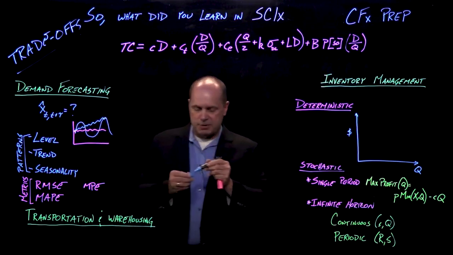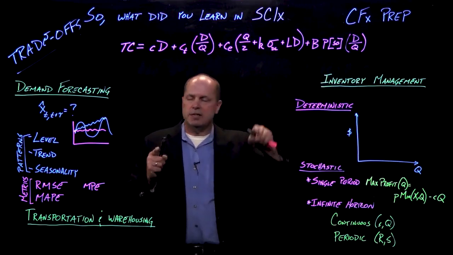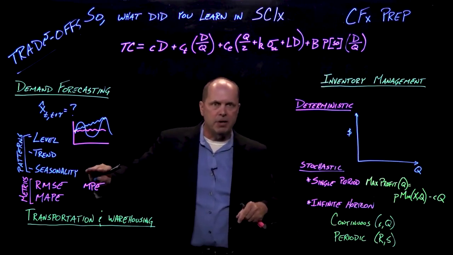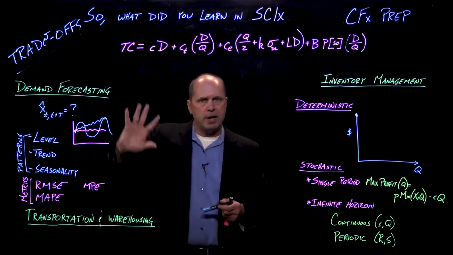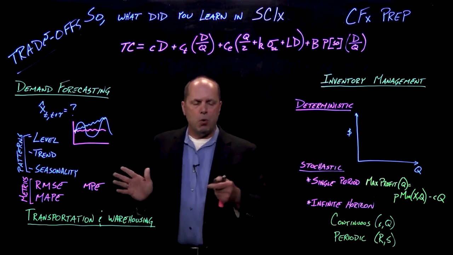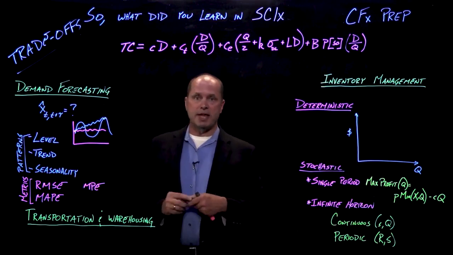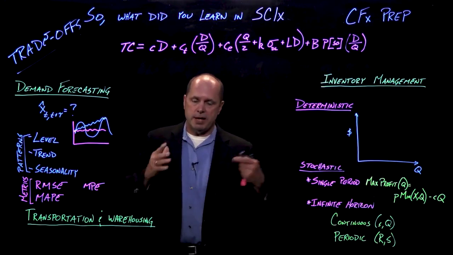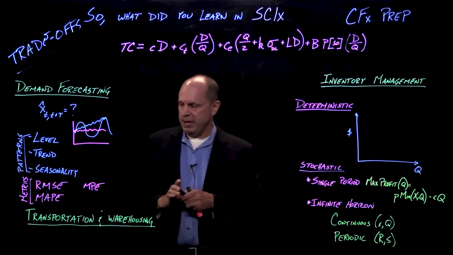Whether it's across times of year, day of week, week of year, whatever my seasonality is, if I have a reoccurring pattern, then I want to use a slightly different technique. So all that we did in demand forecasting was determine which technique fits, to include using regression, which we learned in SC1x, where we take past history and we project what the forward demand will be.